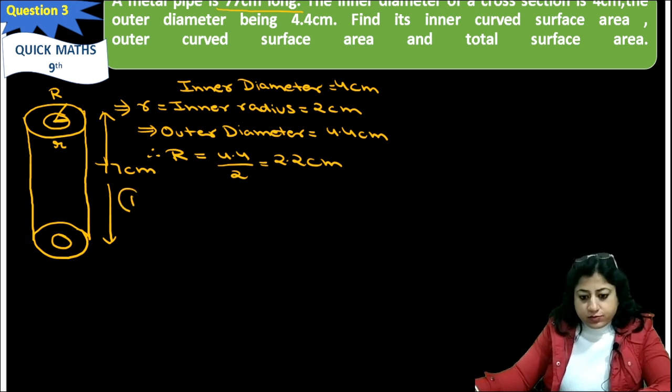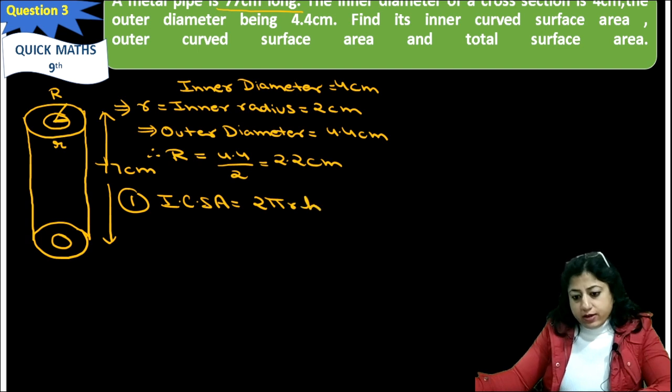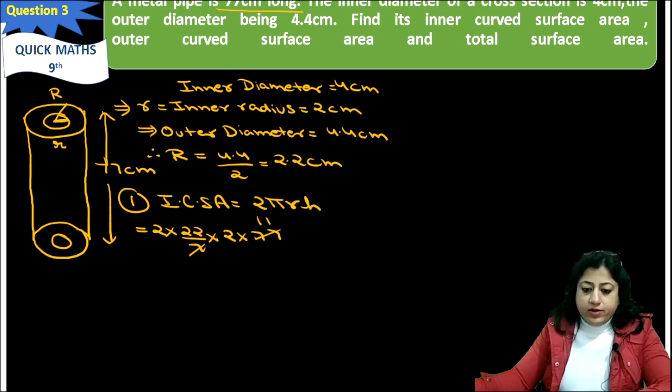First of all, the first part is inner curved surface area. The formula for curved surface area is 2 pi r h. And for inner, we have considered the radius small r. So it will be 2 into 22 by 7, the r is 2 and h is 77. So 7 will be cancelled, 77.